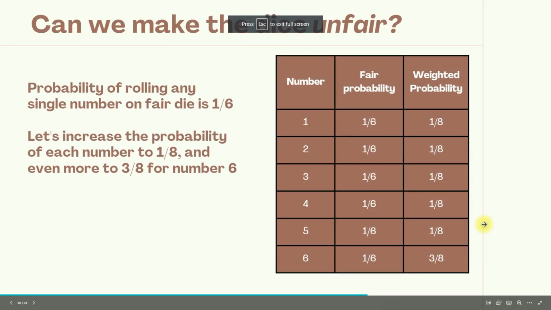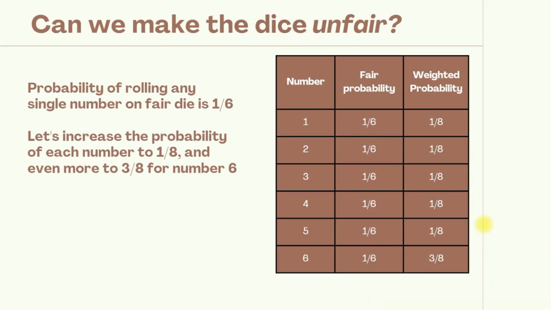So I am giving this more weightage by increasing the probability of number 6 getting selected. From 1/6 I am now increasing the probability to 3/8, and because the sum of the probabilities has to be 1, for the other numbers the probability becomes 1/8, right? Now let us check how our histogram would look with these weighted probabilities as an input to the roll function.